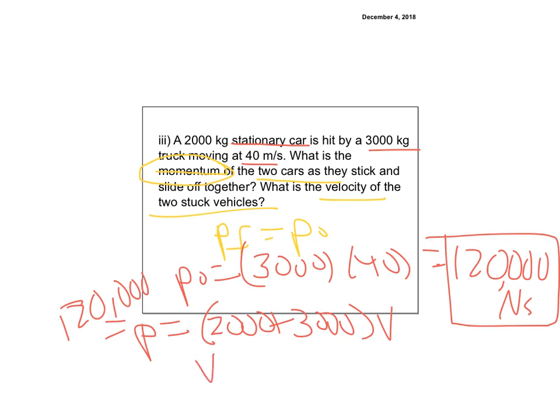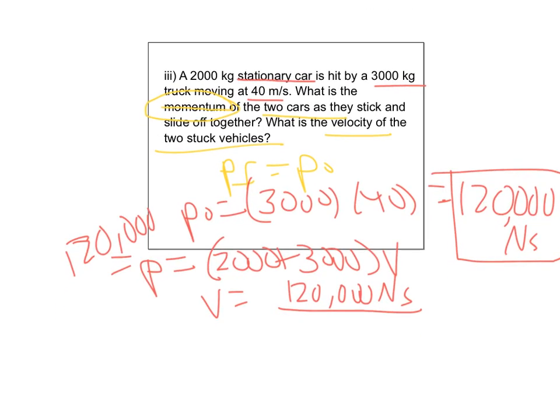So that means that v is simply equal to 120,000 Newton seconds, all divided by 5,000. I should be able to do that in my head, but I'm not.